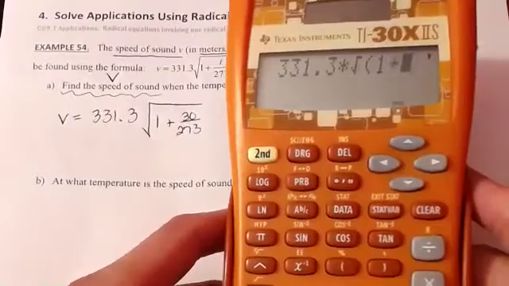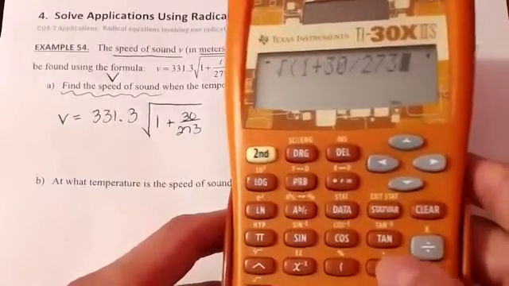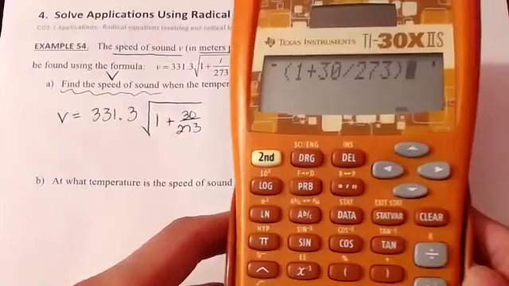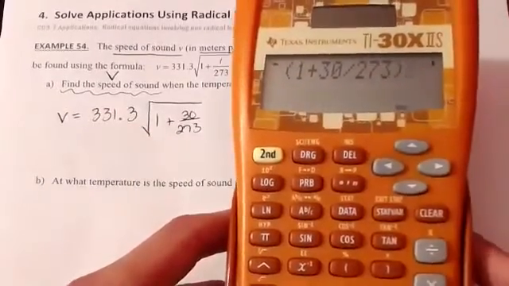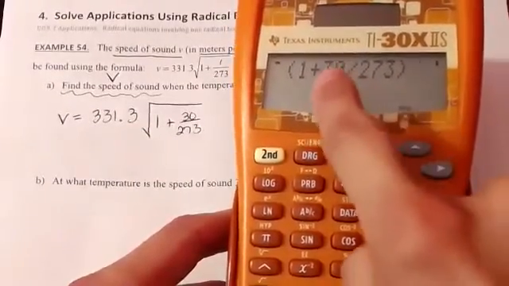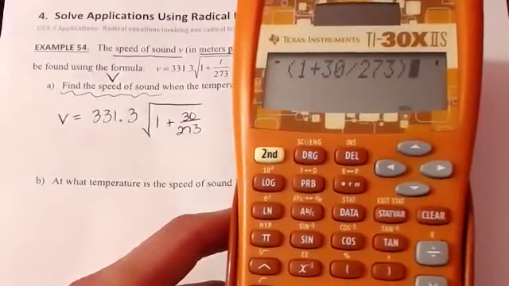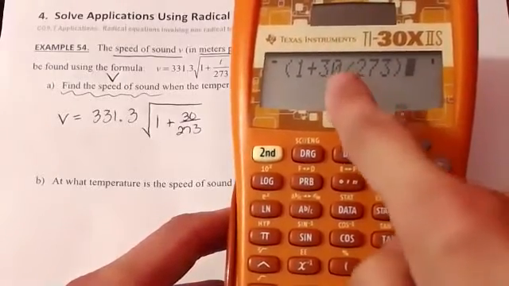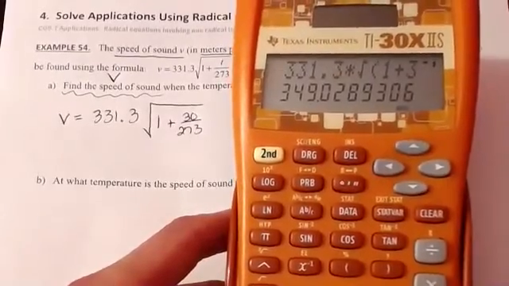So 1 plus, and then we have 30 divided by 273, and then close the parentheses. So it sees that it's taking the square root of this entire expression. You don't need another set around the 30 and the 273 because your calculator understands order of operations. It's going to divide before it ever adds. And there you have it.